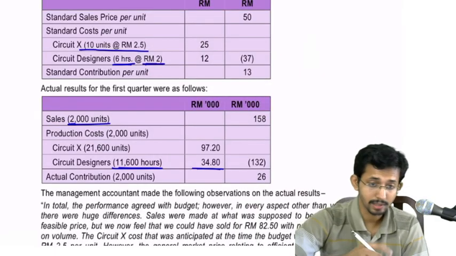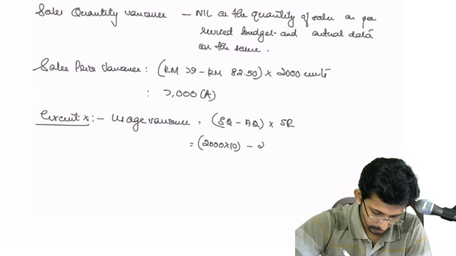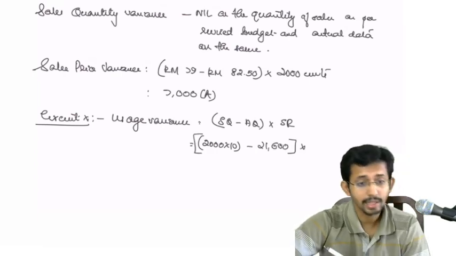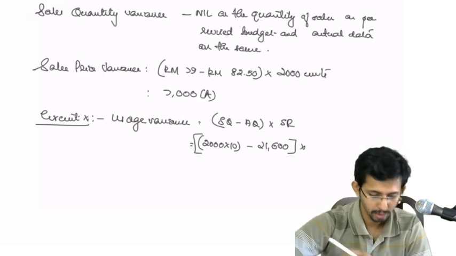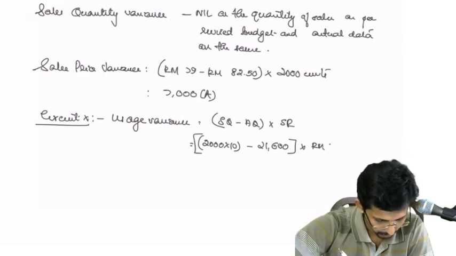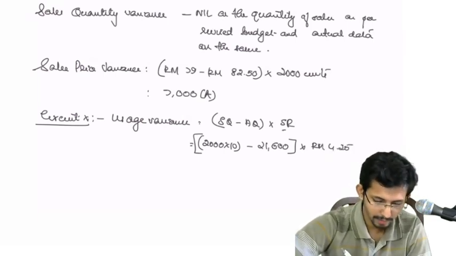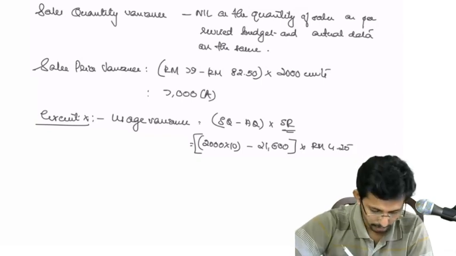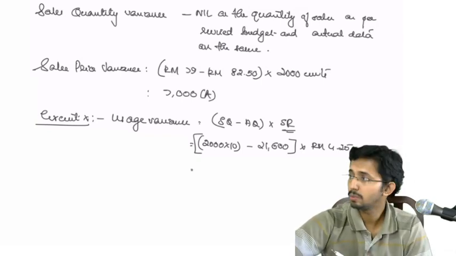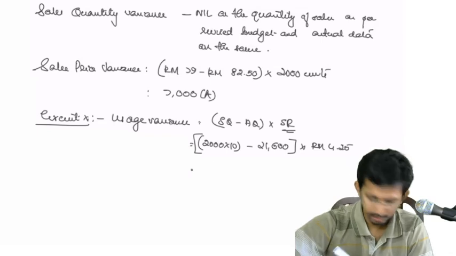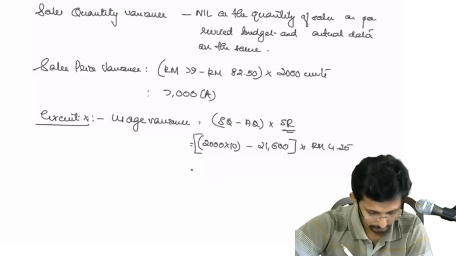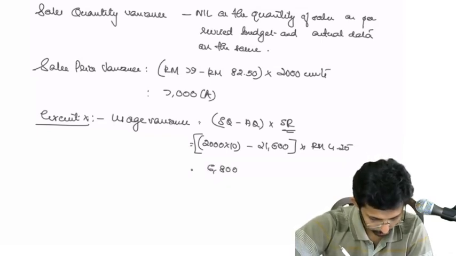AQ is 21,600. What is SR? SR is 4.25. This is the revised SR. Okay, so this will come to 6,800 adverse.